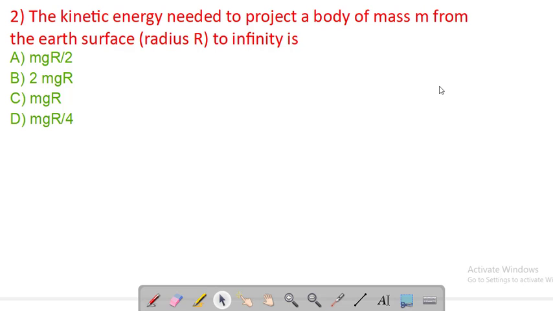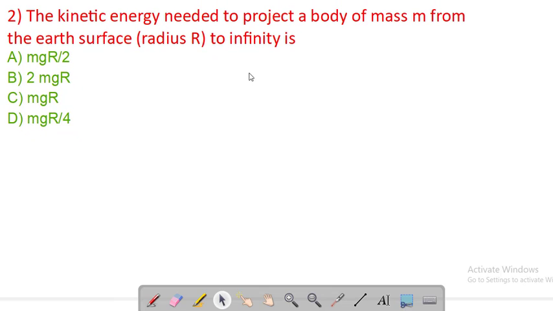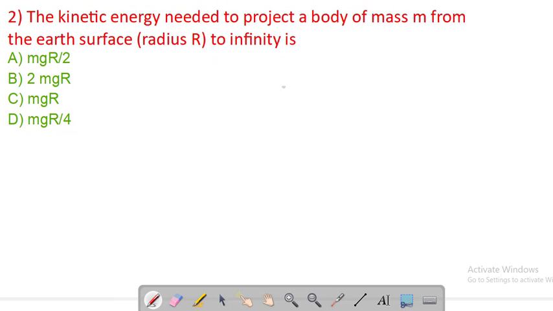We know there is a velocity called escape velocity. If a body is projected with that velocity, the body will never come back. We have some expressions for escape velocity.